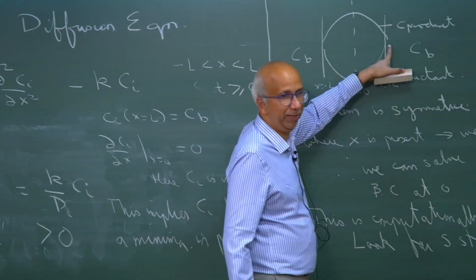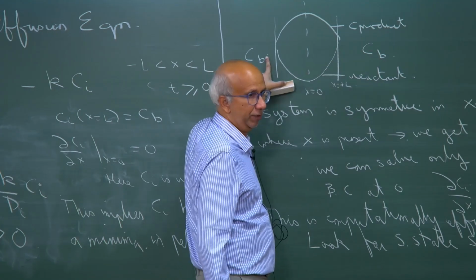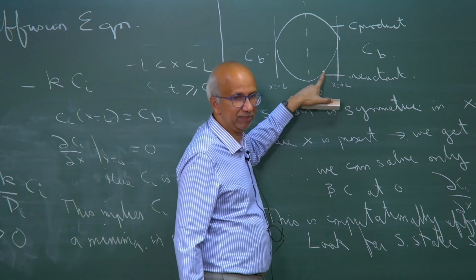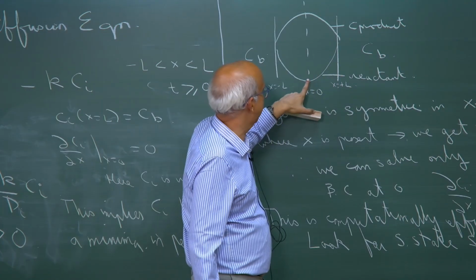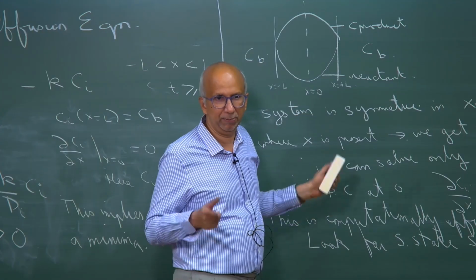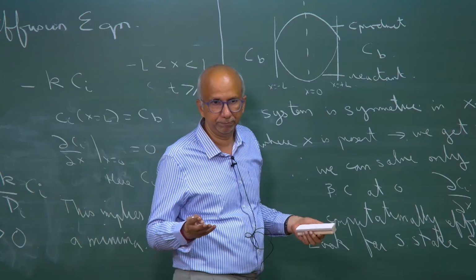It has to be Cb at the boundary. Somewhere in the middle, everywhere Ci double dash is positive, so that is a minima. At this point the first derivative is 0, therefore the minima is at the center because of symmetry.